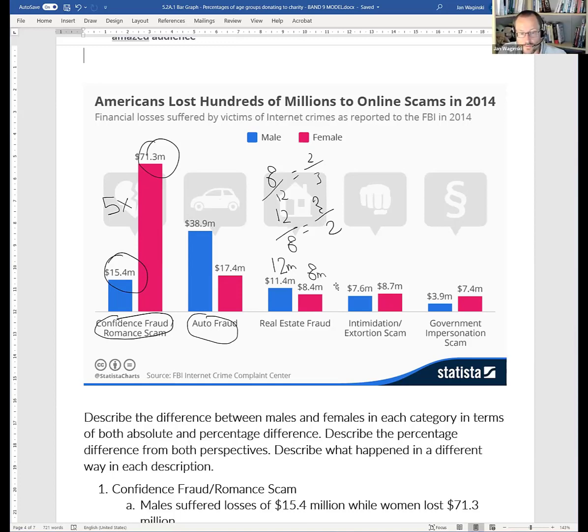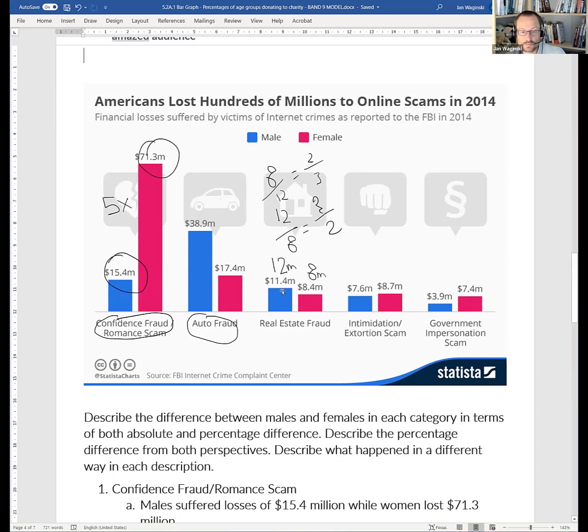In your body paragraphs, okay, in the introduction, avoid numbers. You just want to give a general overview that talks about the broad patterns without talking about the numbers whenever possible. Then in the body paragraphs, you would start by talking about the raw differences. You would use the numbers that are in this graph. You'd say men lost 11.4 million to real estate fraud, while women lost 8.4 million.